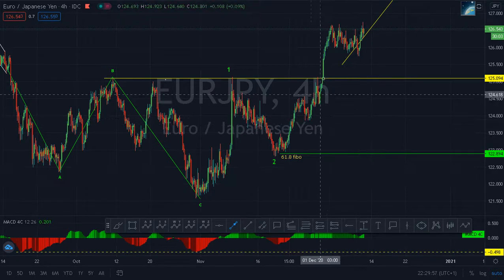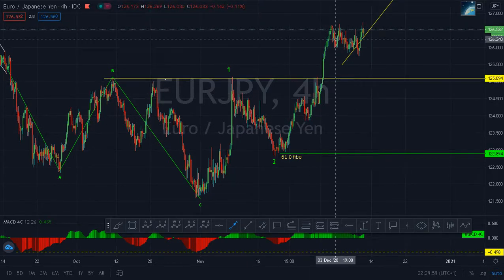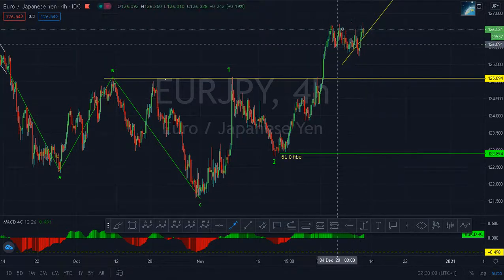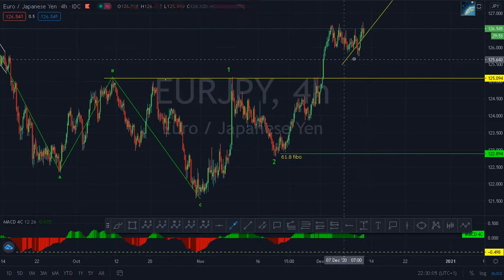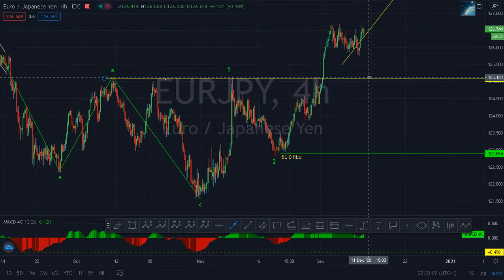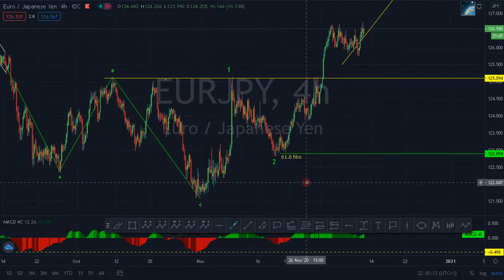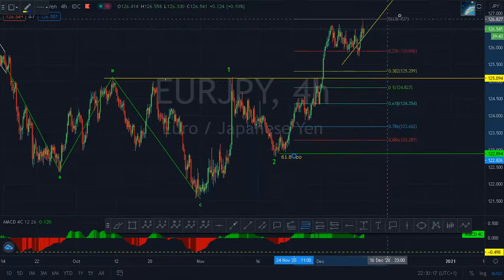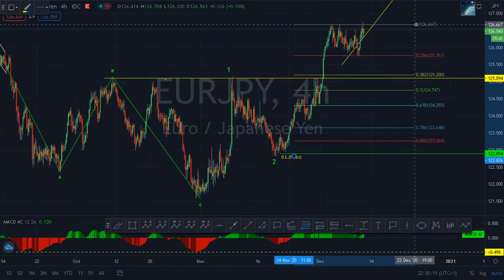I remember I said that I'm looking for a correction towards here before I buy. Though I haven't bought because I like to have a deeper correction. That's why I haven't bought it. Maybe something like this will be okay for me.